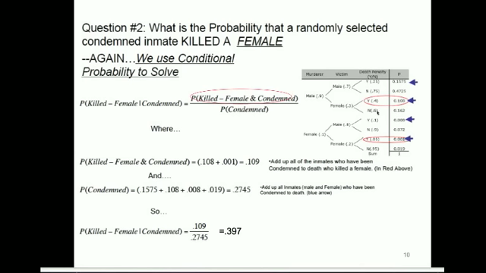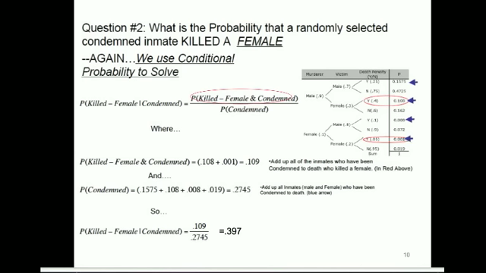We take this information from male killing the female and receiving the death penalty, 0.108. We add female killing the female and receiving the death penalty, and divide that by the 4 paths you can receive the death penalty based upon gender.